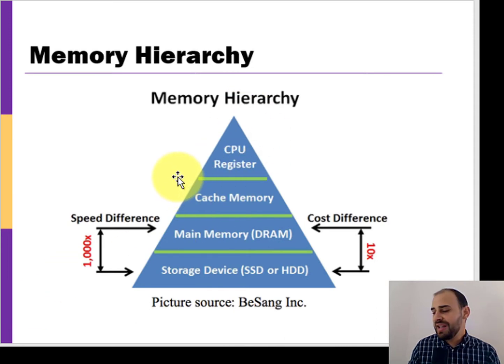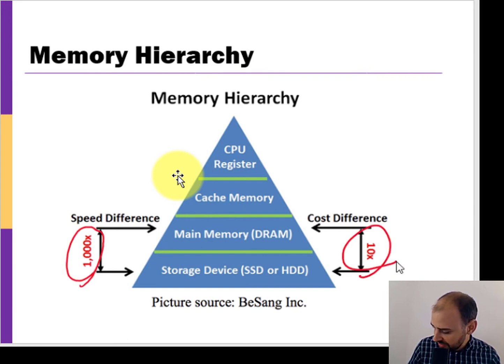I give examples of 3 levels. In reality, you have many levels. But rather than getting bogged down in specific numbers, I don't really care. What I care about is the overall trend between these different levels.